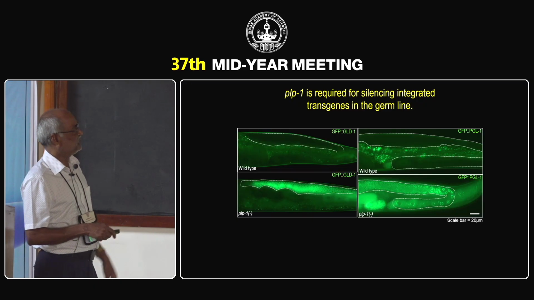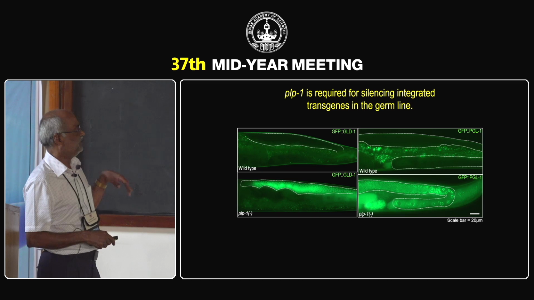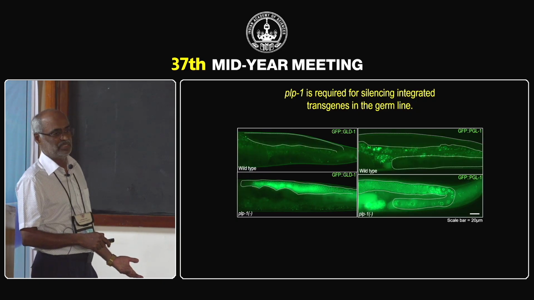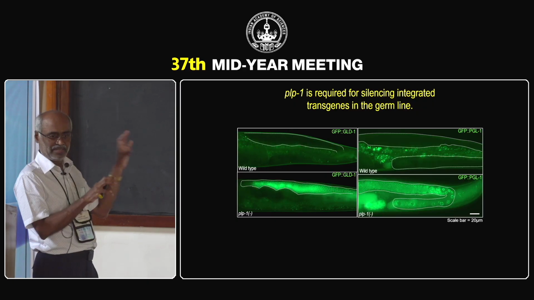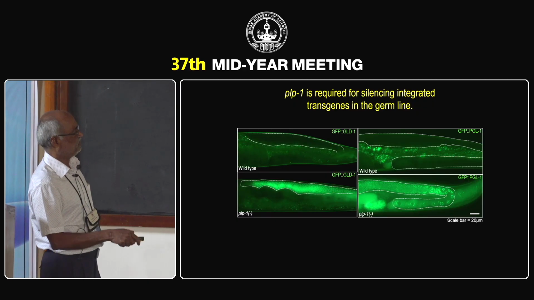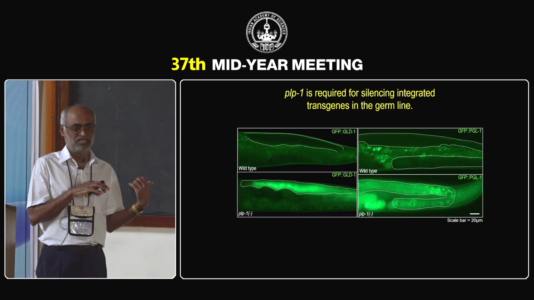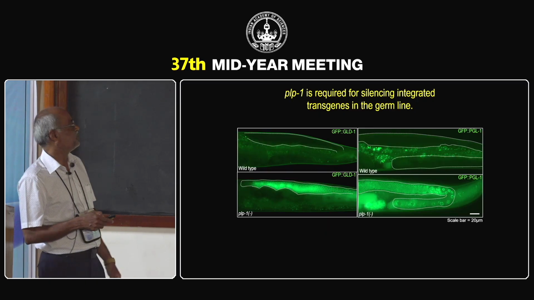So some of the transgenes, for example this GAP gold one, is normally silenced in the wild type, and when we introduce it into PLP-1 mutant, it is expressed very nicely. And another transgene we tried, these are integrated single copy transgenes, and that is also expressed. So this again was consistent with our original idea that transgene silencing seemed to require PLP-1.